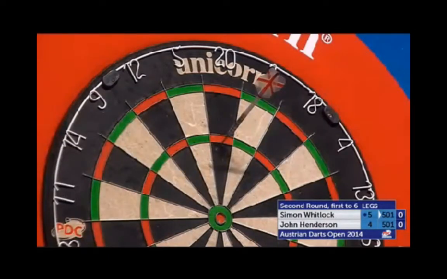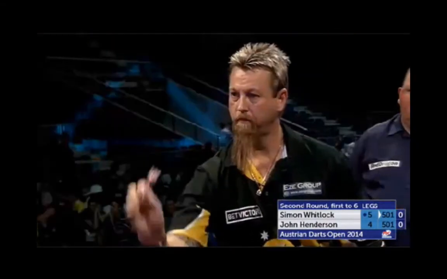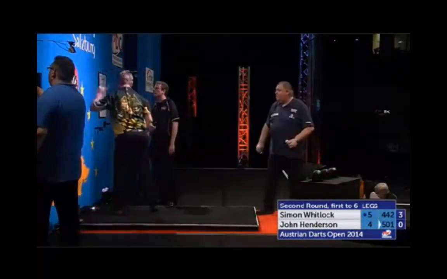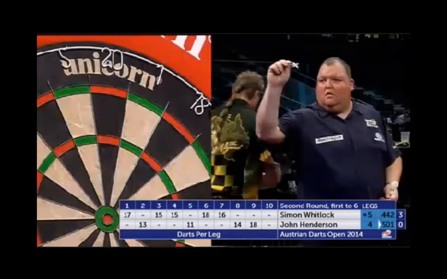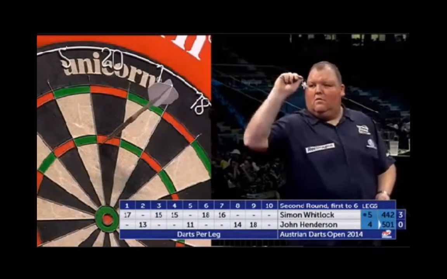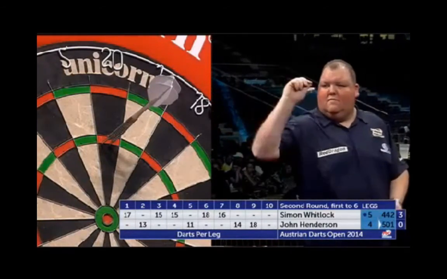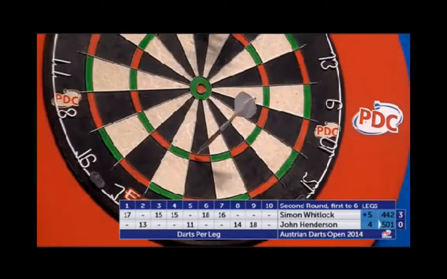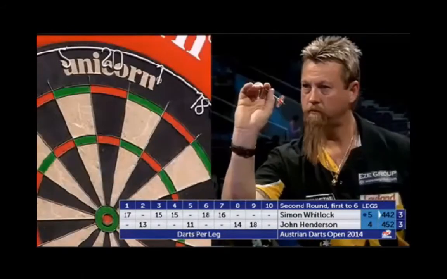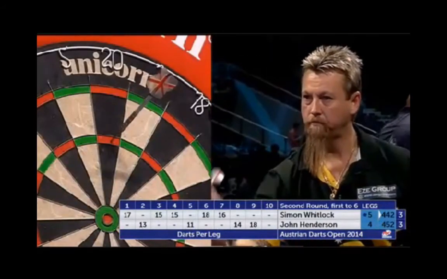But this is the leg that Henderson's got to turn around against the throw. 59. And Whitlock, the last couple of legs, has really gone off the ball on the treble 20. Yeah, it's strange, after that great start and racing to a 3-1 lead and then a 5-2 lead.